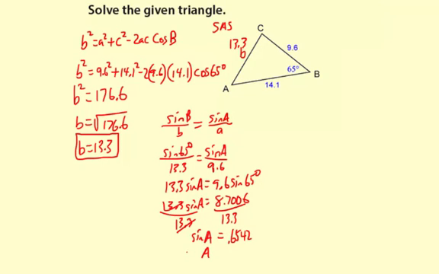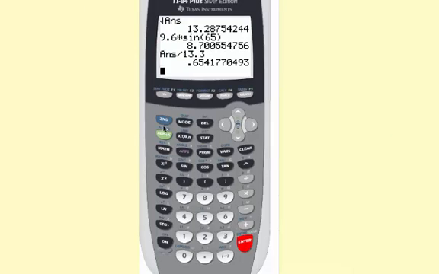So the measure of angle A is the inverse sine of 0.6542, the decimal from the previous line, which is 40.857 or 40.9 degrees.